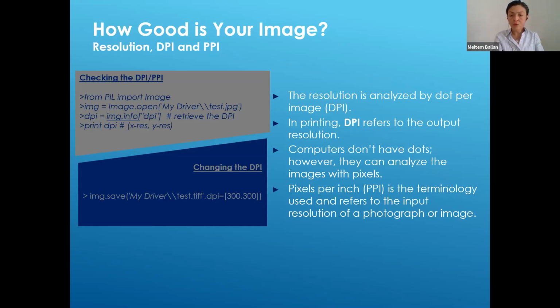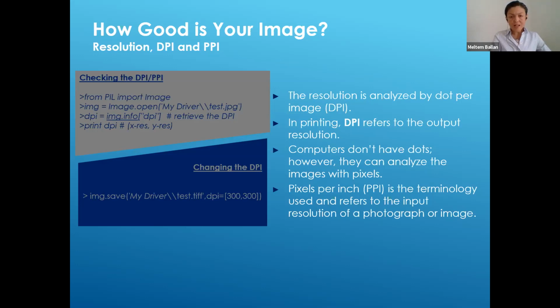So nowadays we use DPI and PPI interchangeably. You can always check and see the DPI and PPI of your image and also adjust it to your needs as the first step of feature extraction.